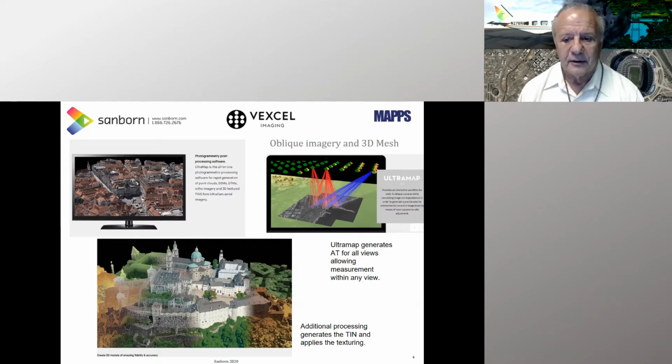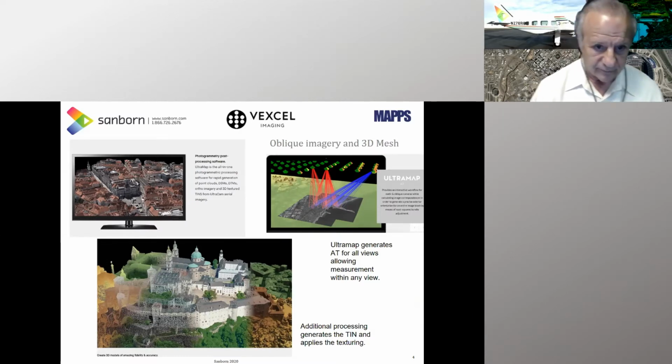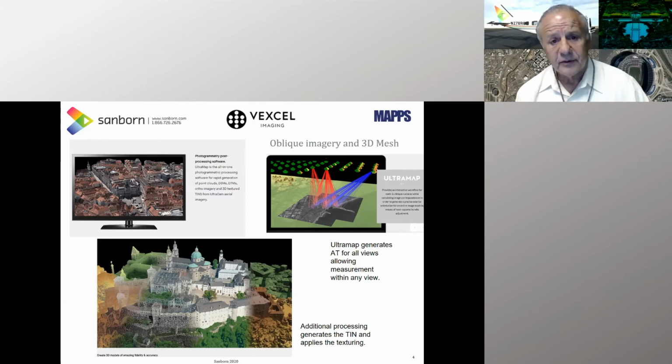What makes it unique from a non-metric camera system is the ability to do the aerial triangulation for all views of the system. That gives the capability to do measurements that are very accurate. And when we go into the world of the tax assessor, they need that accuracy.